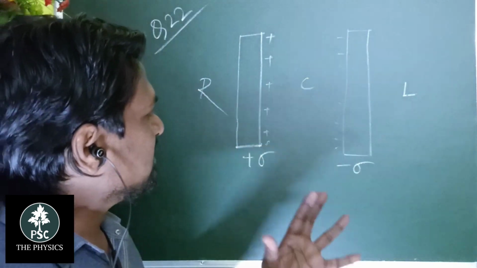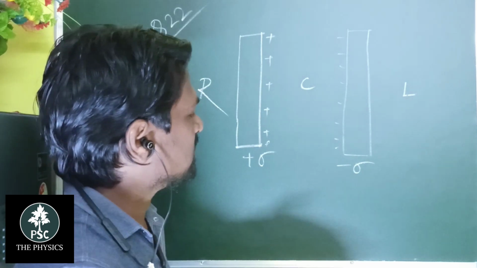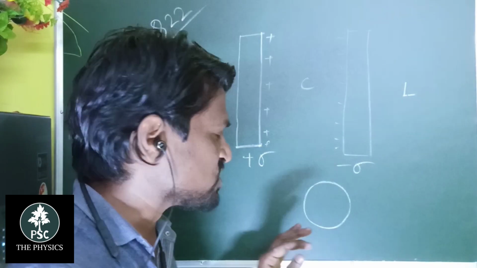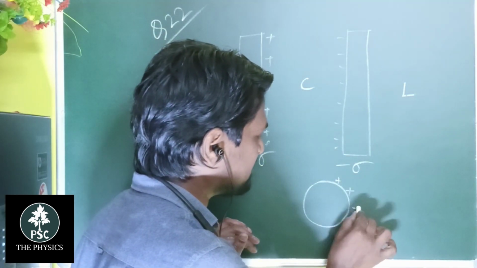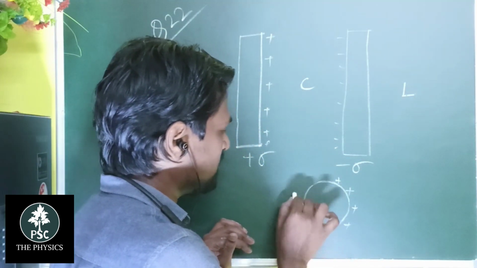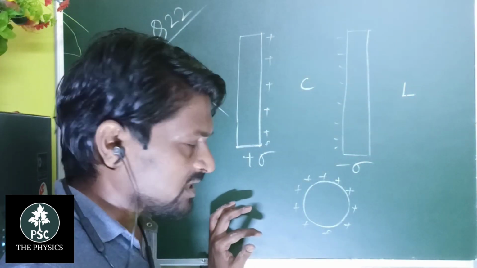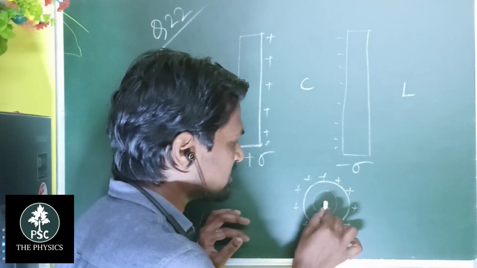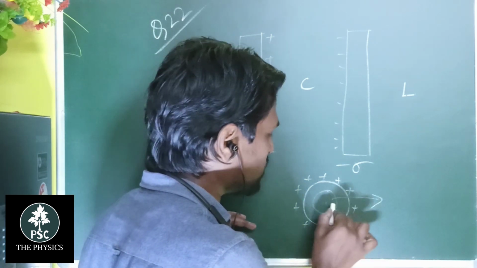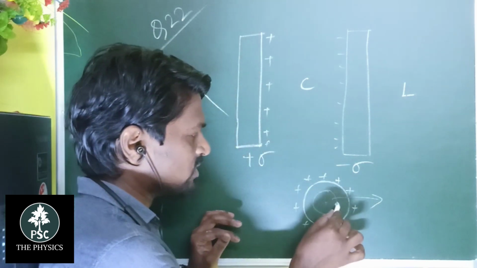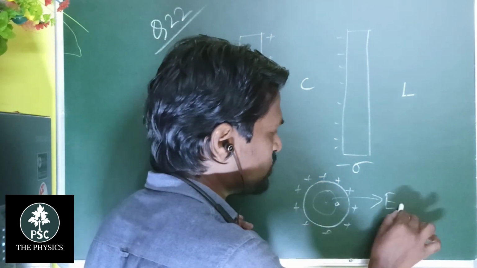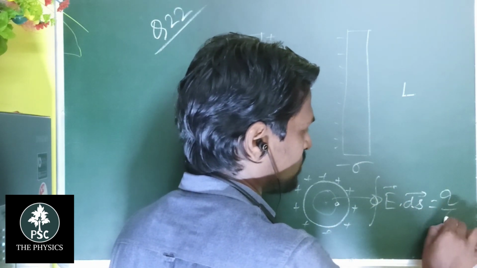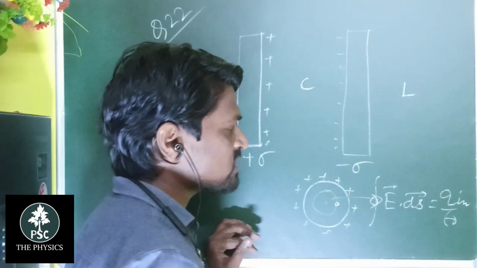So students, it is so simple. Think about the concept for a conductor. Suppose this is a conductor, and if you give some charge to it, then the charge resides on the outer surface. Since there is no charge inside, if you take a Gaussian surface and apply Gauss's theorem, and calculate the electric field at that point, then closed integral E dot ds equals Q by epsilon naught, where Q means Q inside.